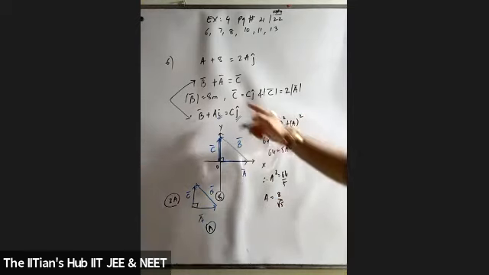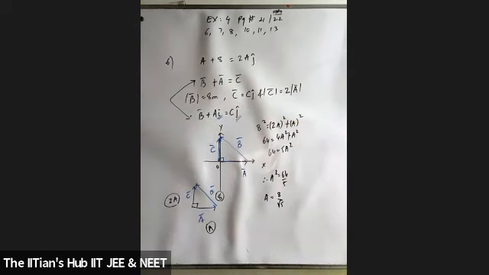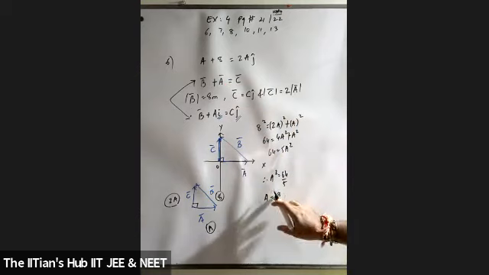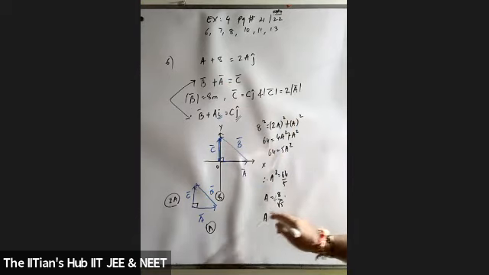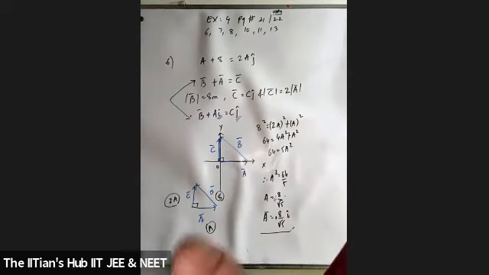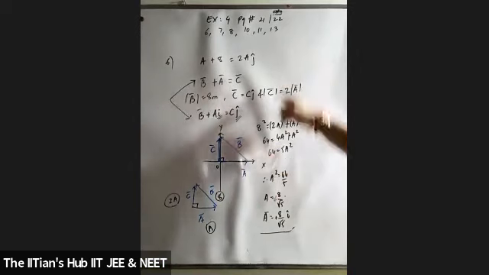And since it's along which axis do we consider? Vector A is along the x-axis. My answer will be plus I cap, if I write it in terms of magnitude. If I want to write it in terms of vector, is this clear to all of you? Students, is the question clear to all of you?